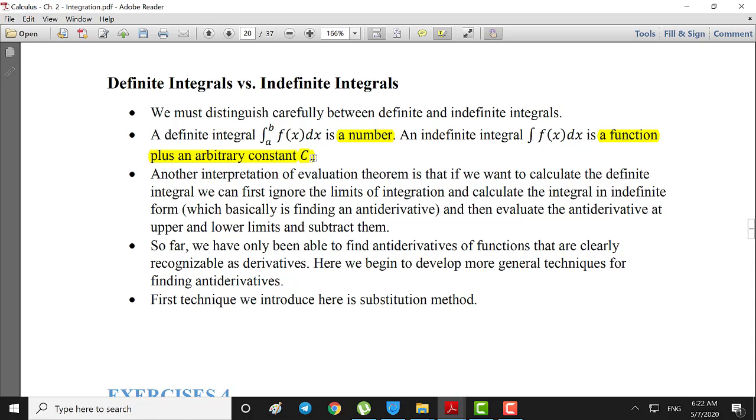So here, by knowing this, we can have another interpretation of the evaluation theorem.